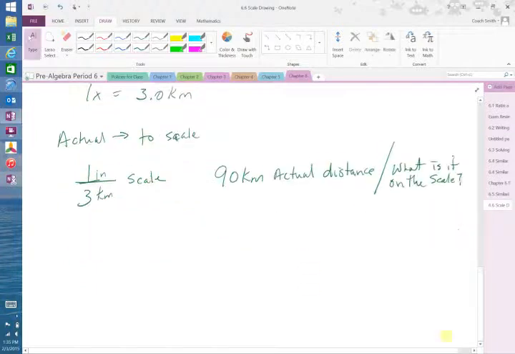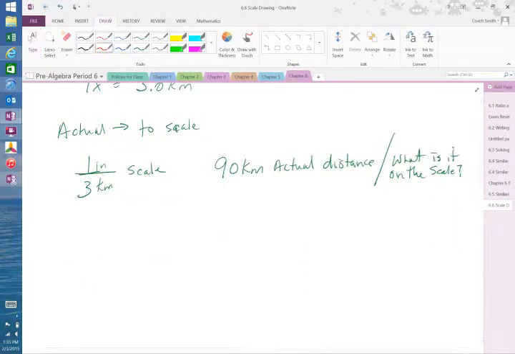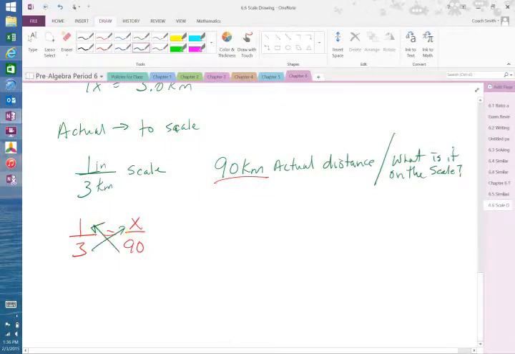So that means I take my scale, 1 over 3, and I'm going to set it equal to, remember, the actual, 90 kilometers is the actual, so I got 90, and I want it under x, because x is the map distance that we're missing.